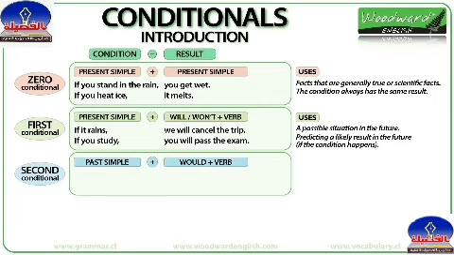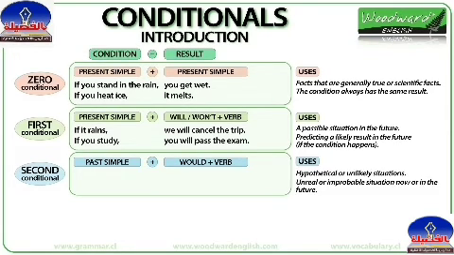The second conditional. This involves the past simple plus would plus the verb. This is used for hypothetical or unlikely situations. Also for unreal or improbable situations now or in the future. For example, if I won the lottery, I would travel a lot.